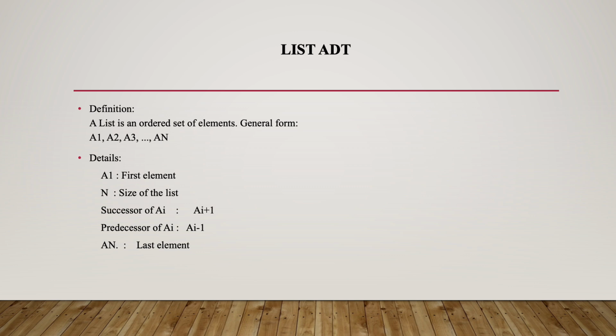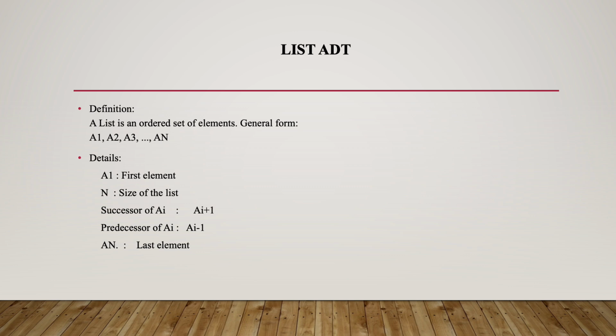For example, think about a list of students or a list of marks. Each item in this list follows one before it and is followed by one after it, right? That maintains an order. If there are no elements in the list at all, we call it an empty list.